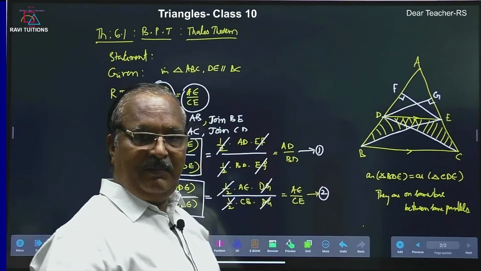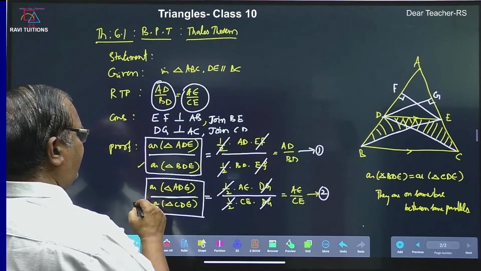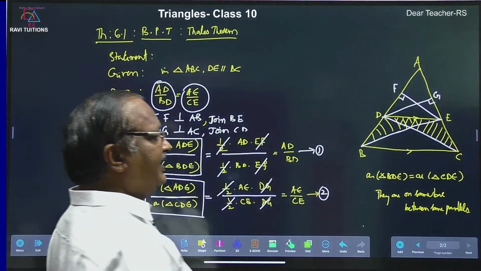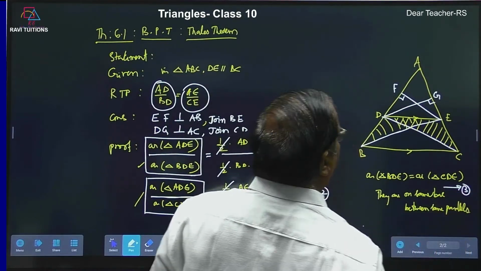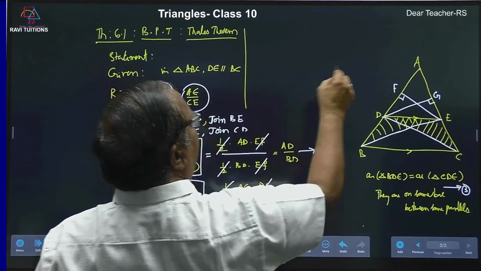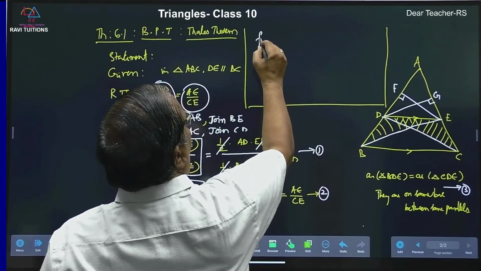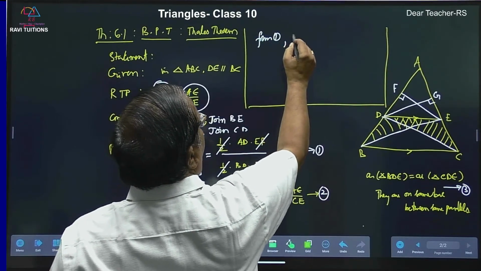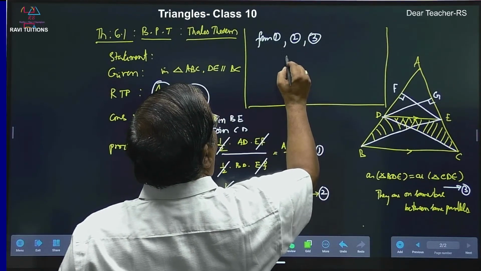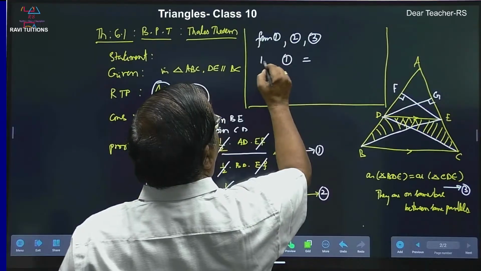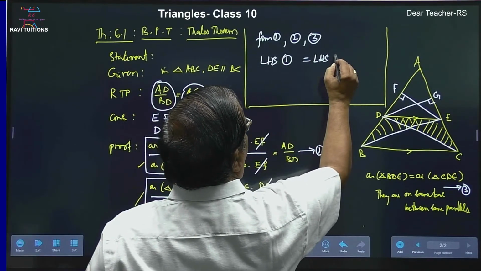They are on the same line between the same parallels. So therefore denominators are also equal. Let us say this is number 3. So from 1, 2, 3, from equation 1, equation 2, equation 3: LHS of equation 1 is equal to LHS of equation 2.